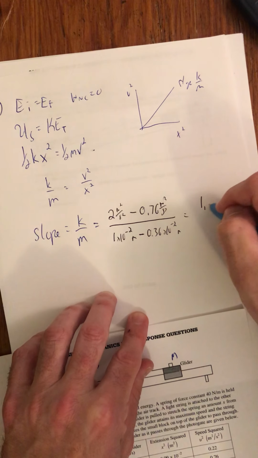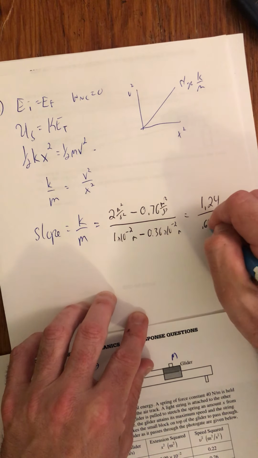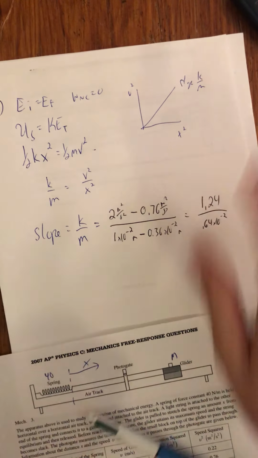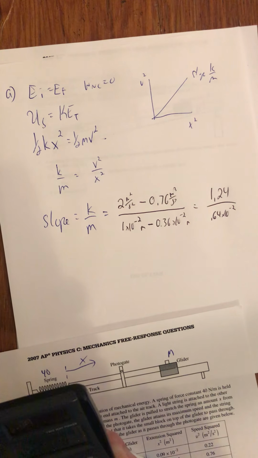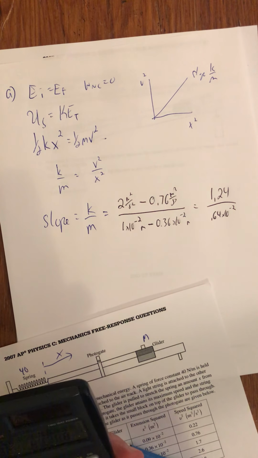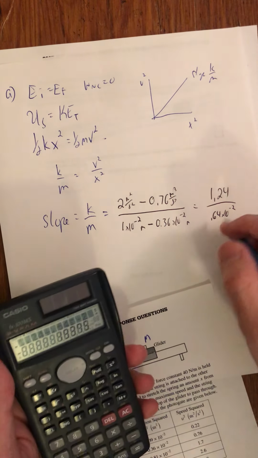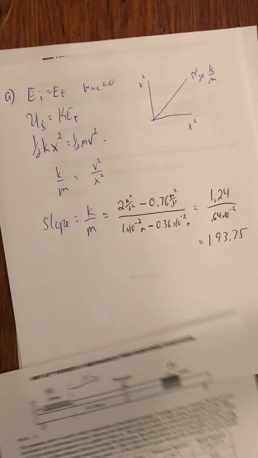So that is 1.24 divided by 0.64 times 10 to the negative 2. Okay, so we've got 1.24 divided by 0.64 times 10 to the negative 2, and that's going to equal 193.75. Okay, so that's what the slope is equal to.